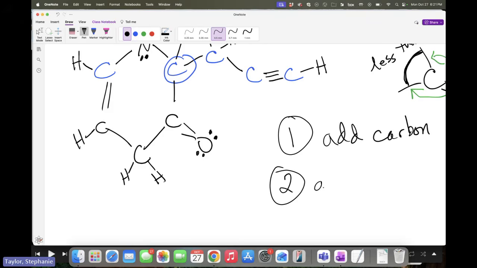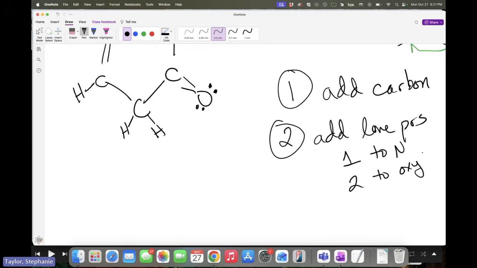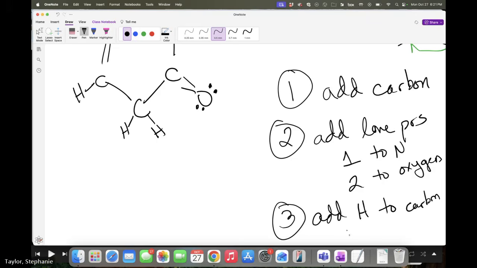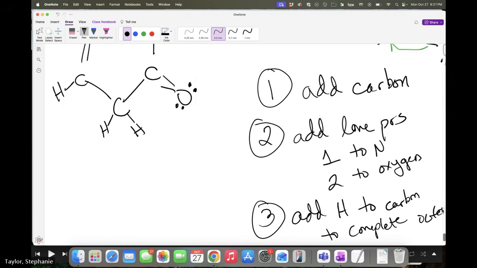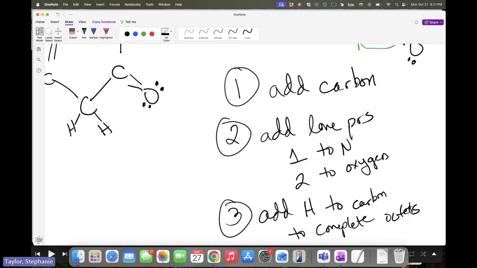And then, before I forgot, I would add lone pairs. 1 to nitrogen if you have any, 2 to oxygens if you have any. And then I would add hydrogens to carbons to complete octets. So that's the order I would do things in. Add the carbons, add the lone pairs, add the hydrogens. And you can just scribble on the original diagram.